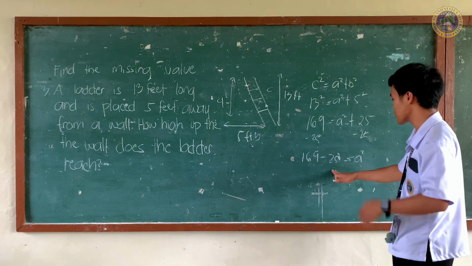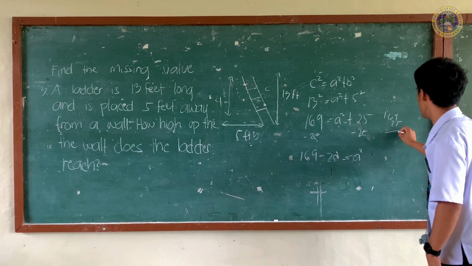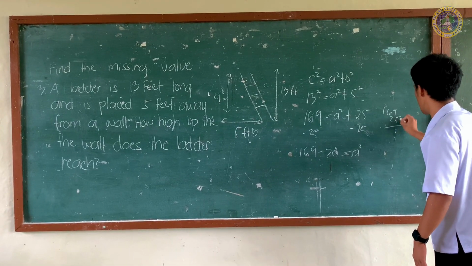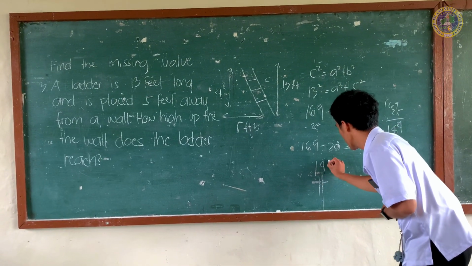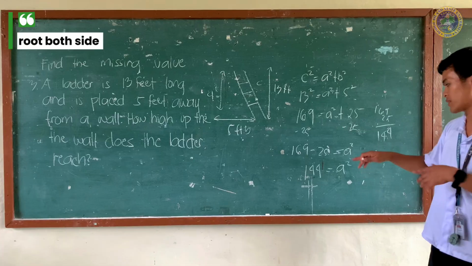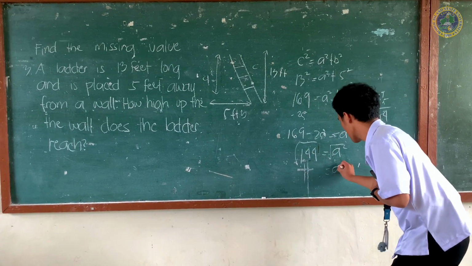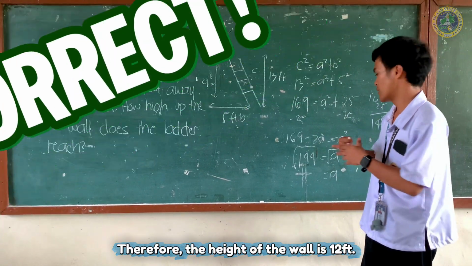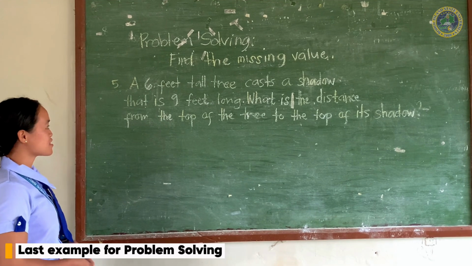So 900 minus 25 is 875. And next, we square root both sides. So we get the height of the wall. So here's the last problem.